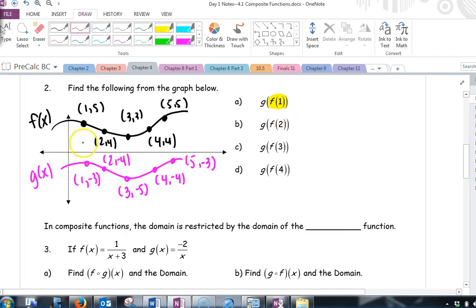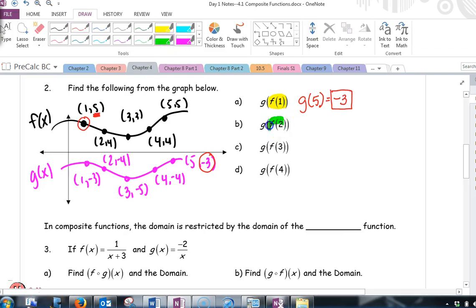When x is 1, f of 1, your y value is 5, but now we're finding g of 5. So you're going to where x is 5 for your g function, and your y value is -3. So this is your final answer.